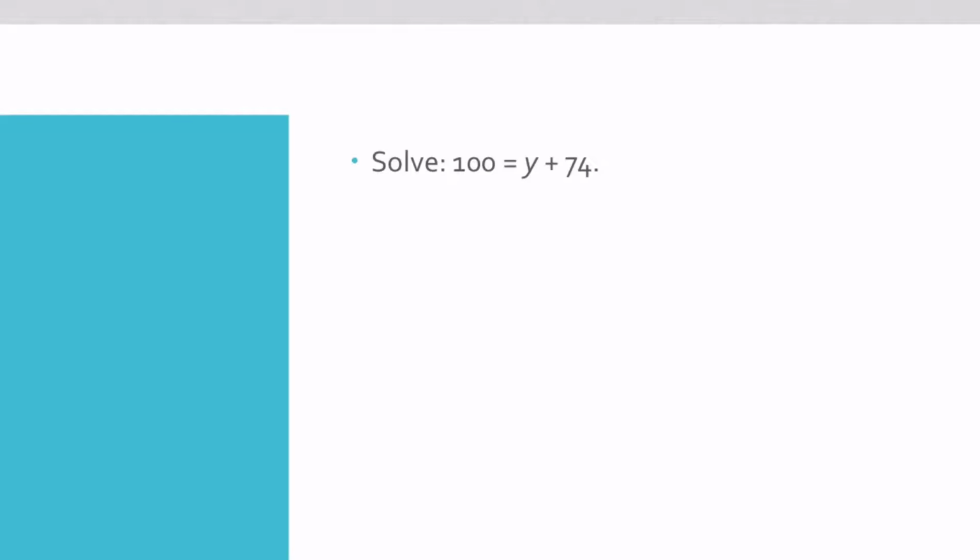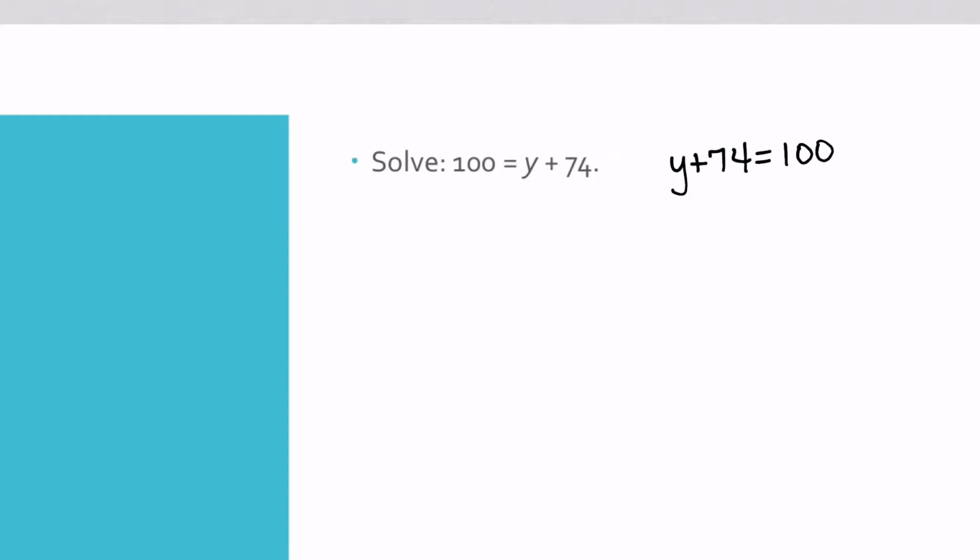Okay, for this problem right here, we've got 100 is equal to y plus 74. A lot of people really have a problem with that variable being only on the right-hand side of the equal sign. And so a lot of people will turn this around and write it like this. And that's not wrong. It's okay to do that.